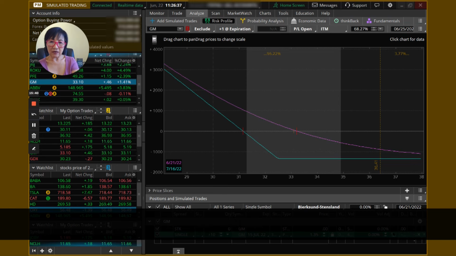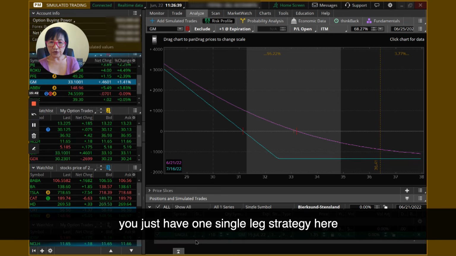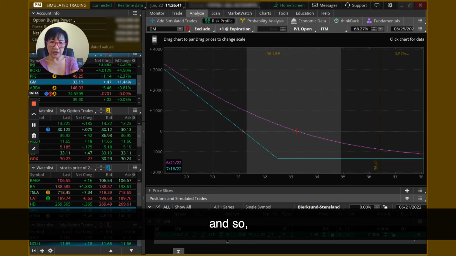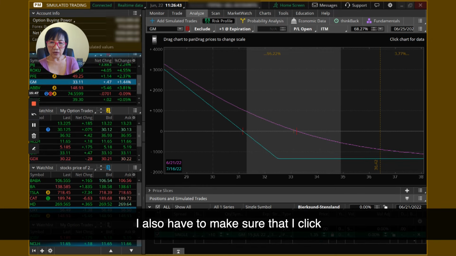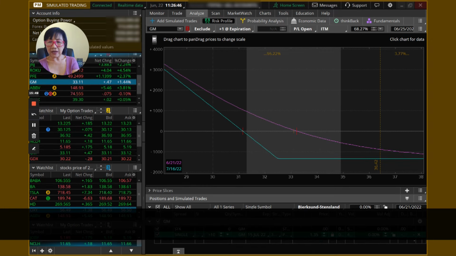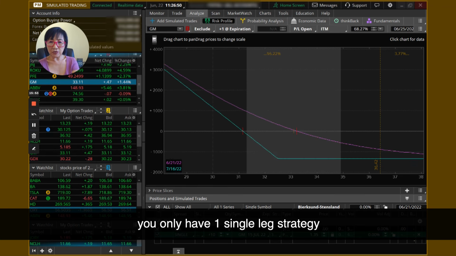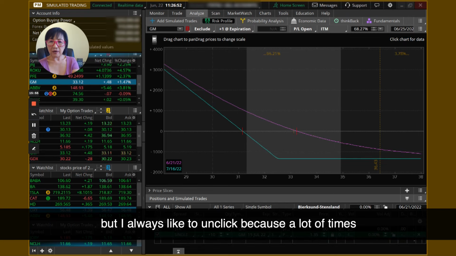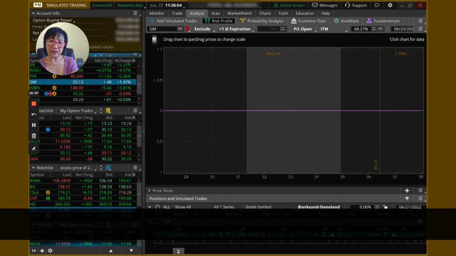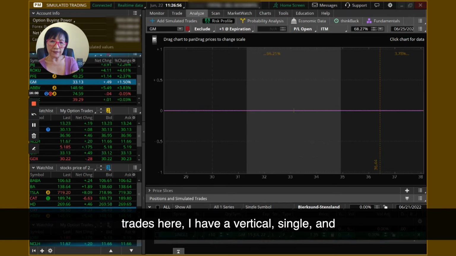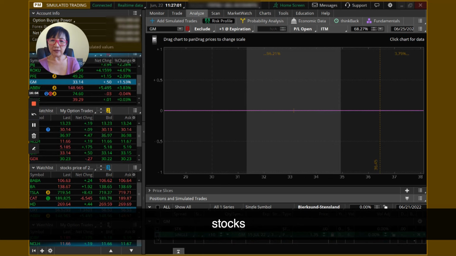So right now, you just have one single leg strategy here. I always like to make sure that I unclick all. In this case, it doesn't matter because you only have one single leg strategy, but a lot of times I have multiple different trades here: a vertical, single, and stocks.